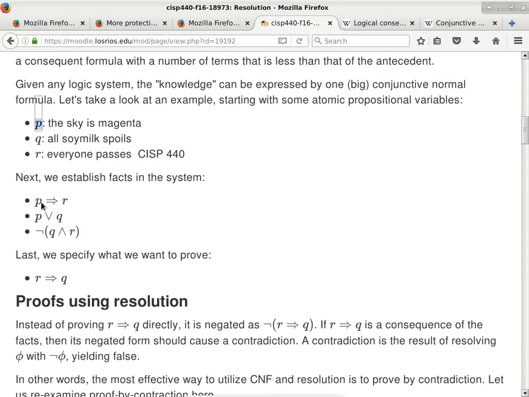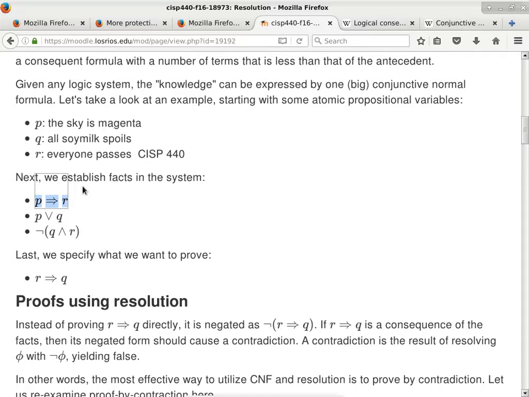So now we start to establish certain truths in this system. Don't ask me why, but this implication is known to be true. In other words, we know that the sky being magenta implies that everybody is going to pass CISP440. Probably on some weird planet.